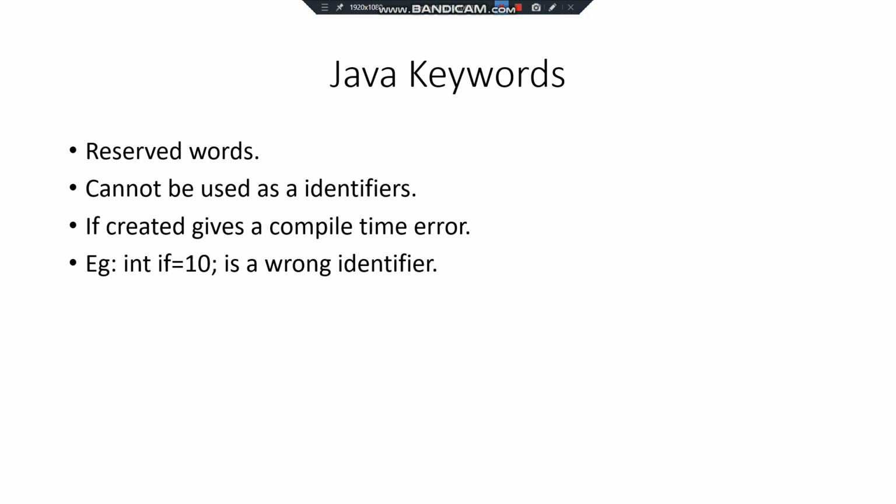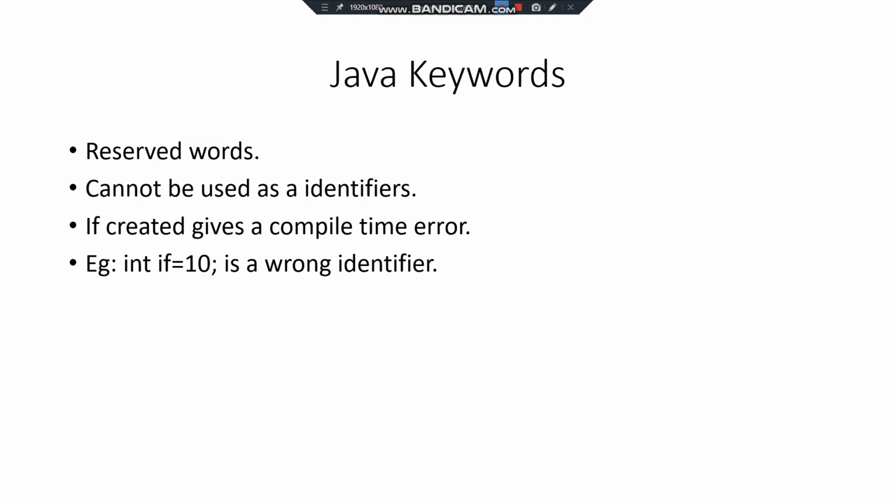Moving on to Java keywords. Java keywords are also called reserved words, meaning that they have a specific functionality in the program. For example, if, else, for, while, do while, etc. These are keywords, meaning that for, while, do while are looping statements and if, else are conditional statements.